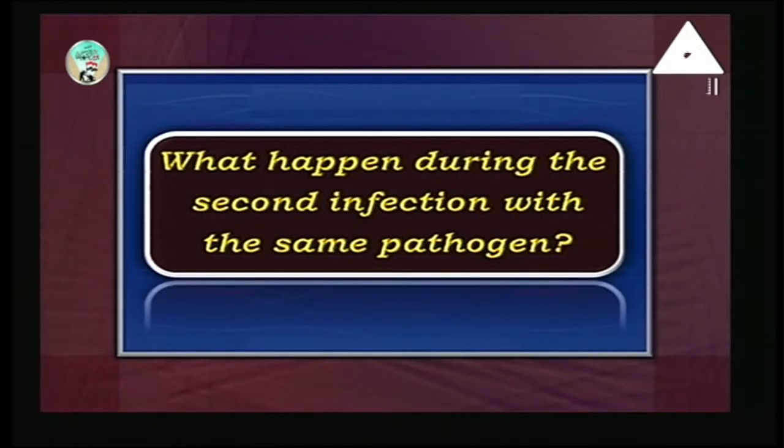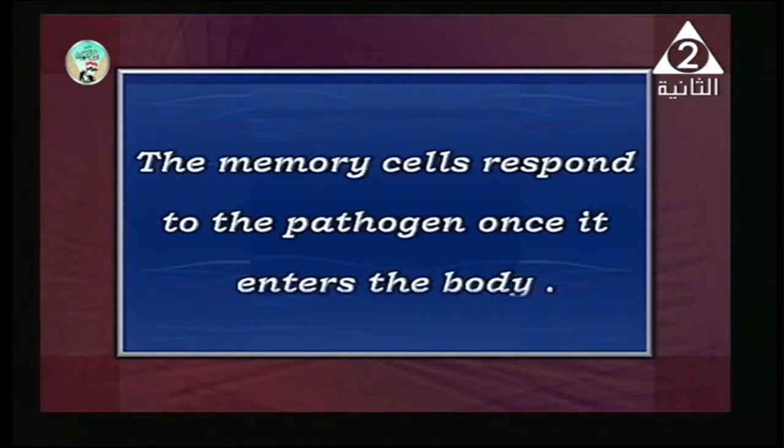But what happens during the second infection with the same pathogen? The memory cells respond as soon as the pathogen enters, a pathogen you have already been infected by before; it is an old history of your disease.